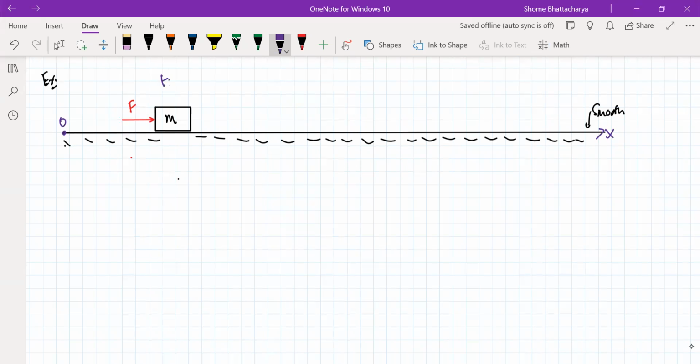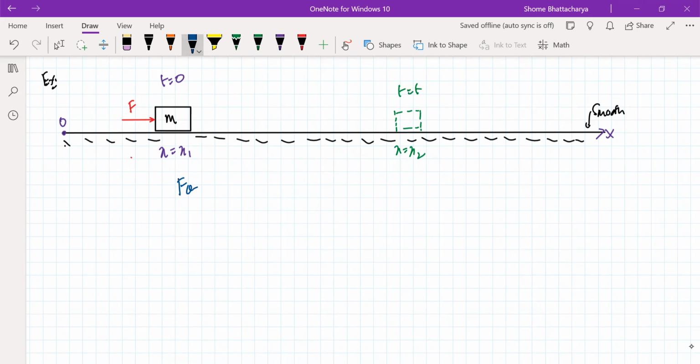Initially the block is at x equal to x1, and after some time, the block under the action of this force has reached x equal to x2.